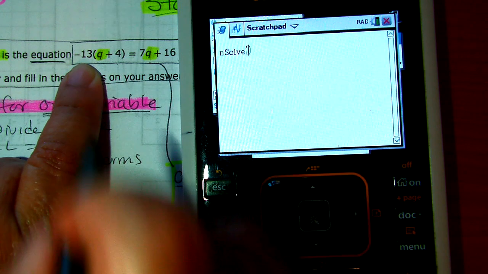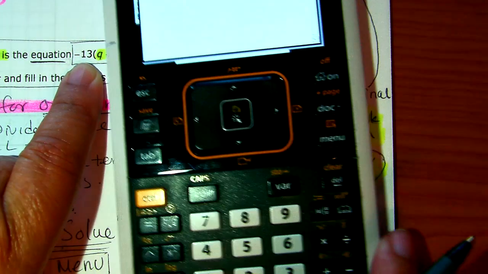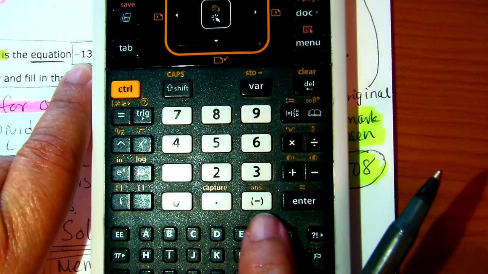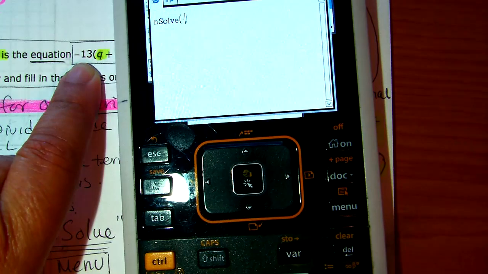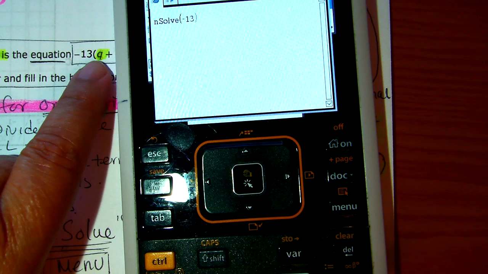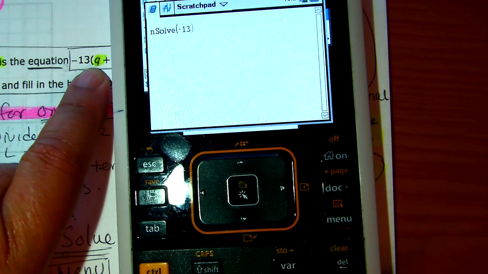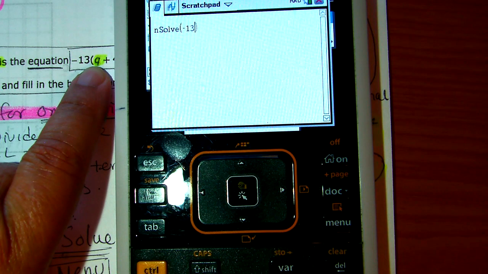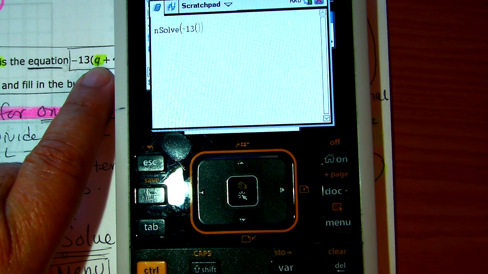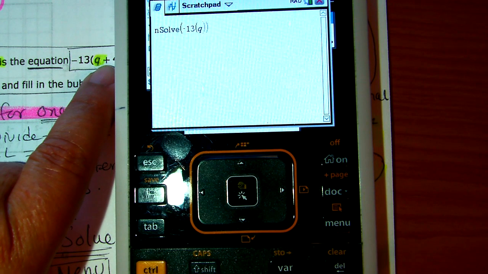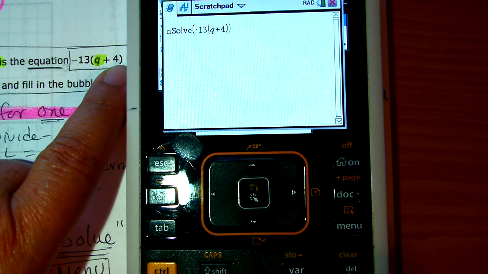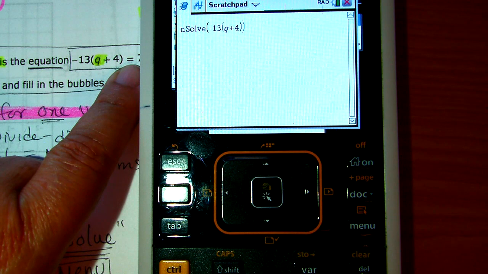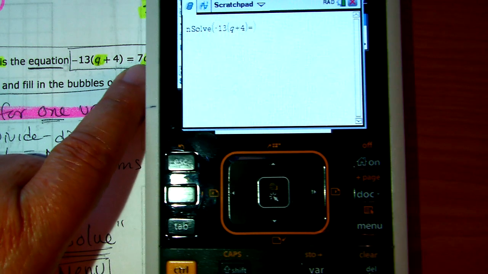So I see the negative, so it means that I'm going to type the negative, not the minus. It means I'm going to use this one right here, the negative 13. Remember, including all extra parentheses. So I see a parenthesis, I'm going to put the parentheses, and then I have the Q plus 4. Be careful when you type. You have to type exactly the way it's looking, exactly the way you see it.